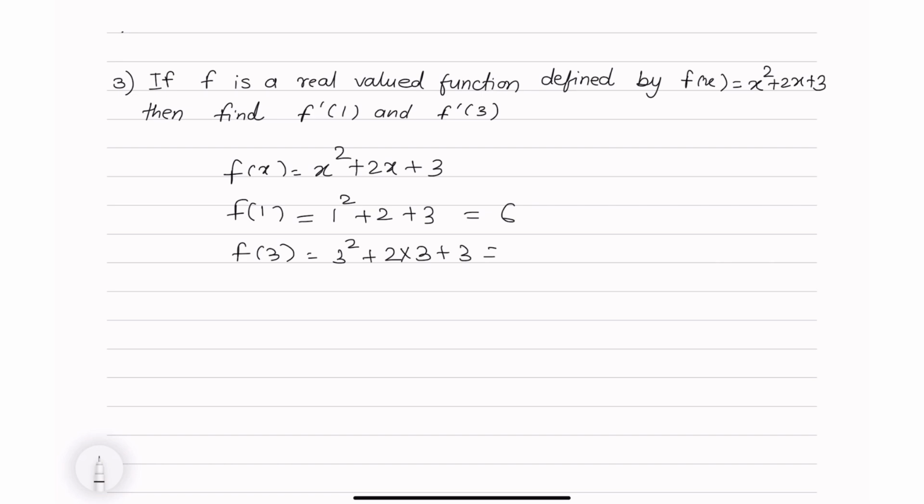So 3 square is 9, plus 6, plus 3, so it is 18.